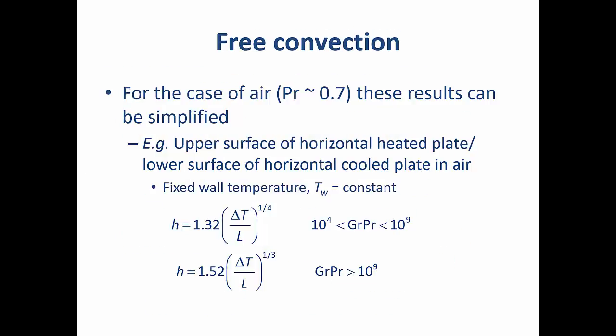If we have air where the Prandtl number is approximately equal to 0.7, then we can simplify these results slightly, which is what I've done here. In this case, what you get is that the convective heat transfer coefficient is proportional to delta T to the power of a quarter for the first case, which is where the product of the Grashof number and the Prandtl number lies between 10 to the 4 and 10 to the 9, and the convective heat transfer coefficient is proportional to delta T to a third if the Grashof number and the Prandtl number is greater than 10 to the 9.